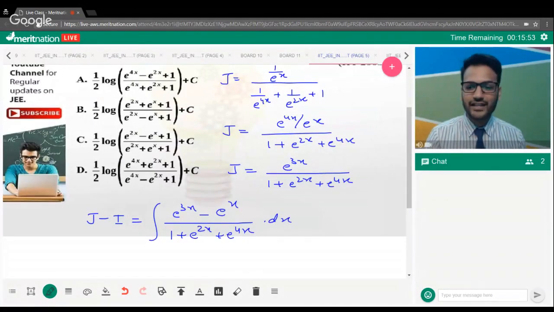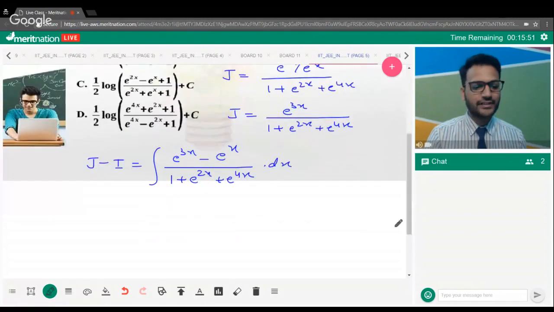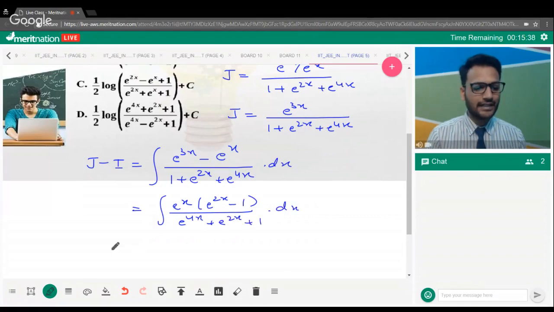This is what the question is asking for. You can take e to the power x as common, and then e to the power 4x plus e to the power 2x plus 1 in the denominator.